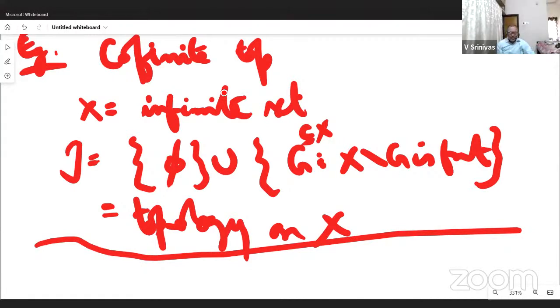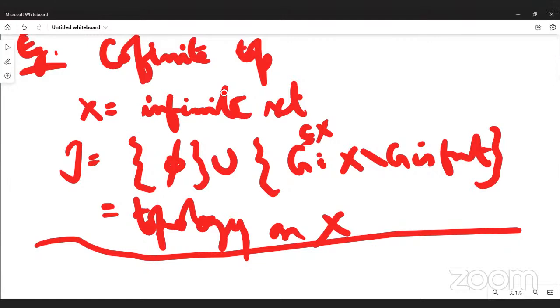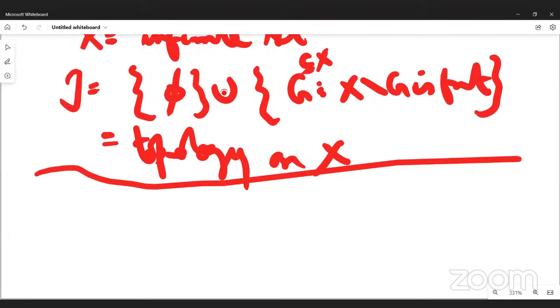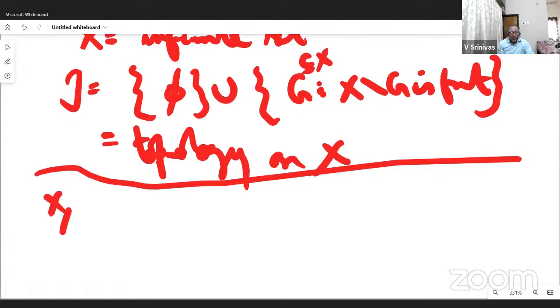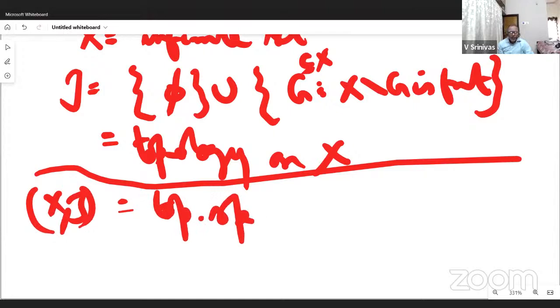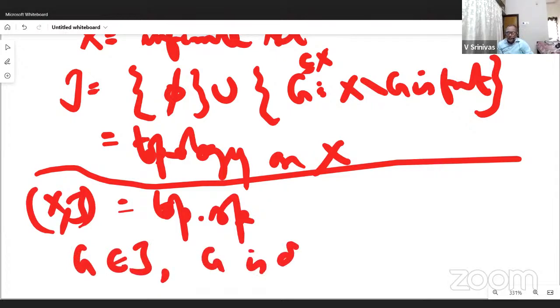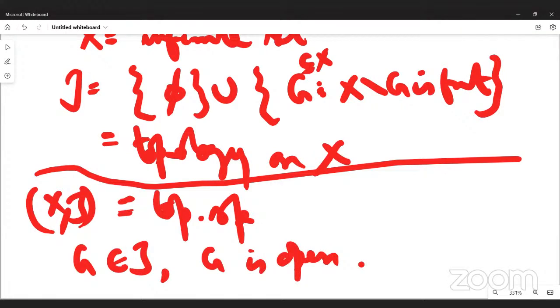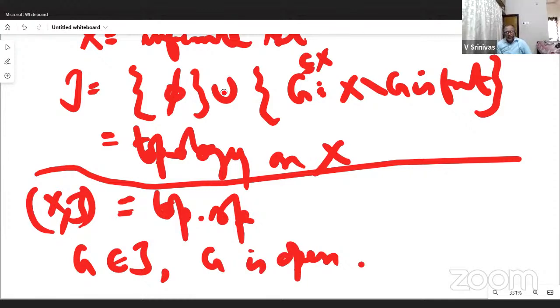If you have a topological space X comma tau, and G belongs to tau, then G is called an open set. This is the definition: members of tau are called open sets.